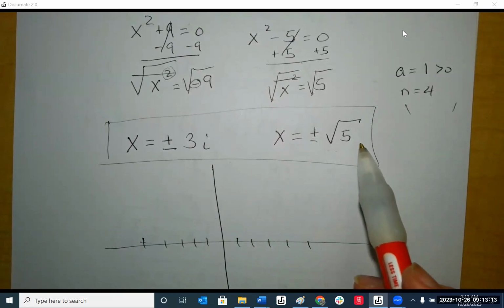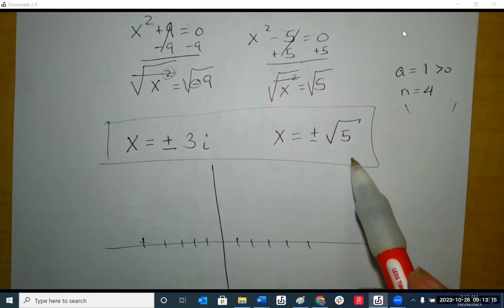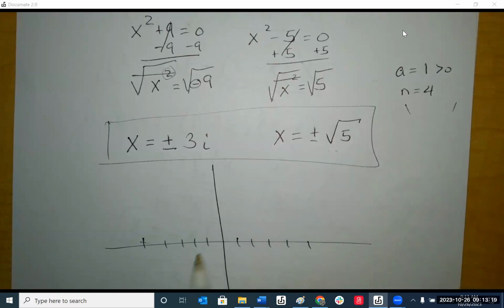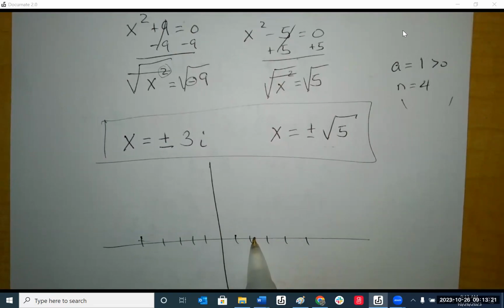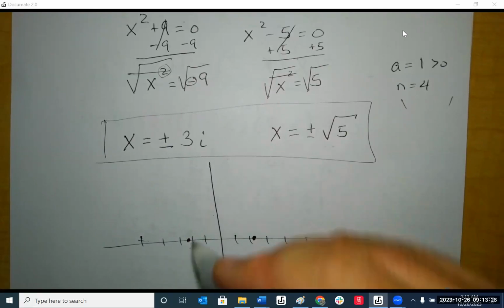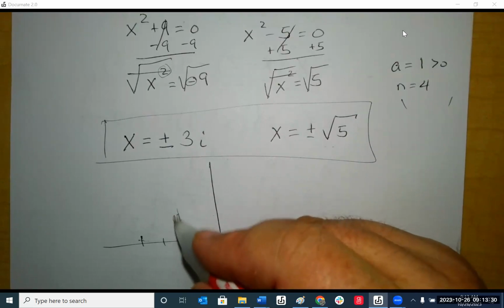The square root of 5 is just a little bit bigger than 2, because the square root of 4 is 2 and the square root of 9 is 3. So this one is positive, let's say there, and negative, this one there. And we know that both ends have to go up.